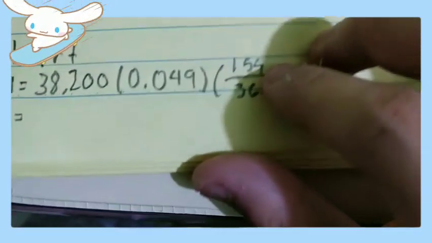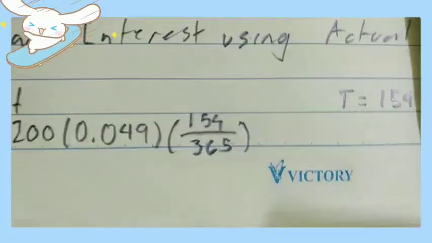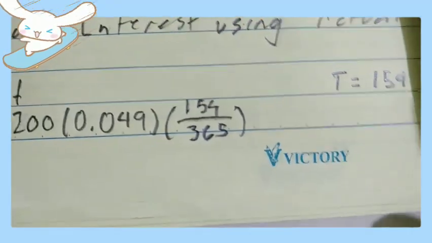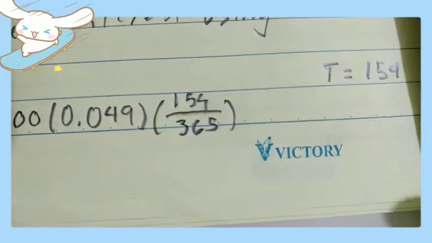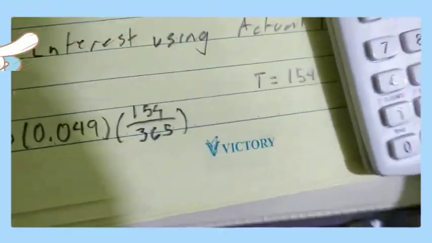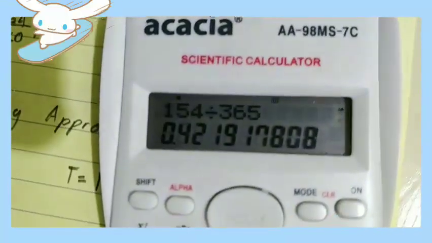Compute it all. 154 divided by 365 equals to this.